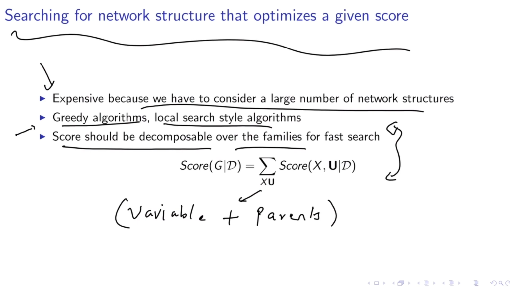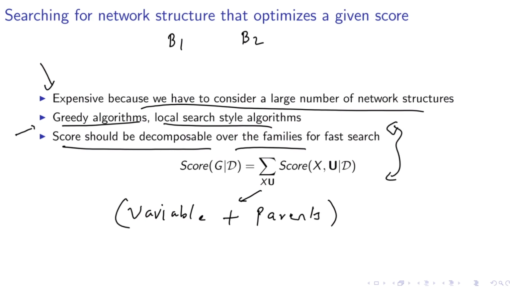One way of looking at this is the following. Let's say I give you Bayesian network B1 and Bayesian network B2, and B1 and B2 differ in only one family. How can I compute the score of B2 if I know the score of B1?